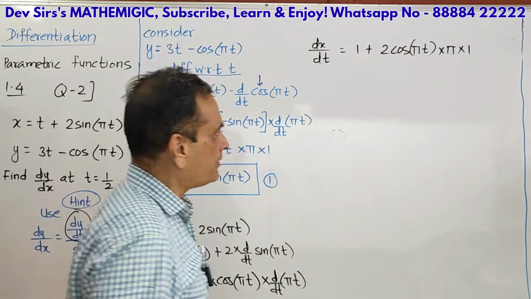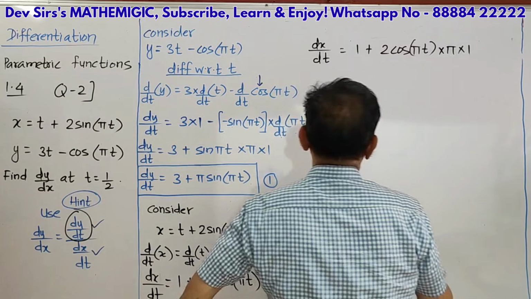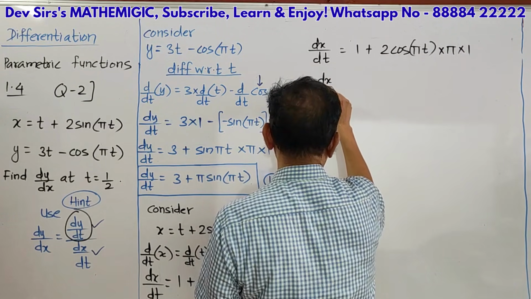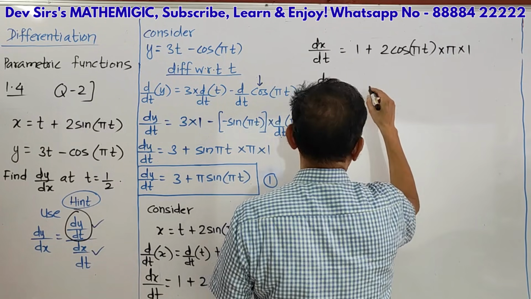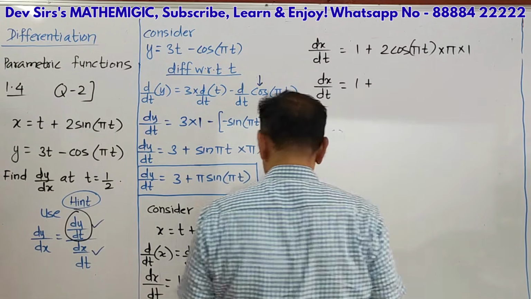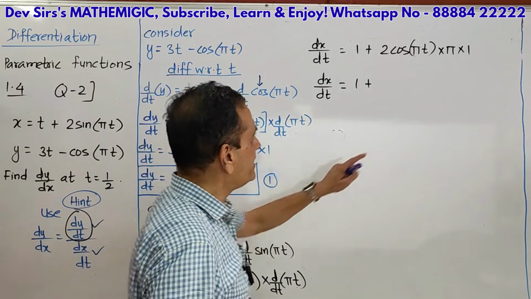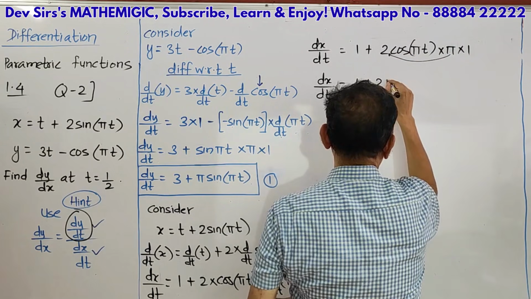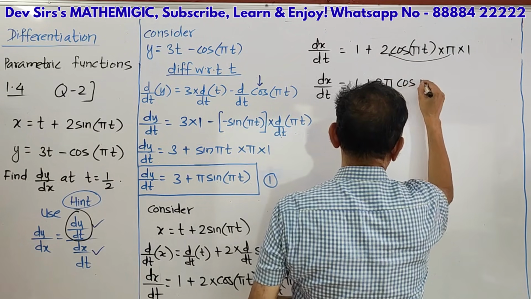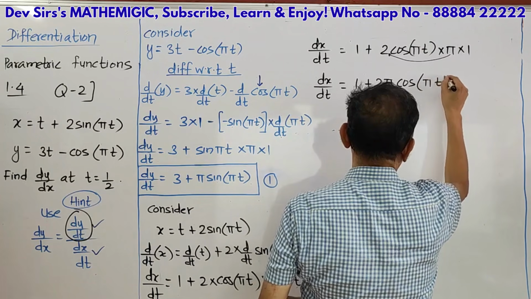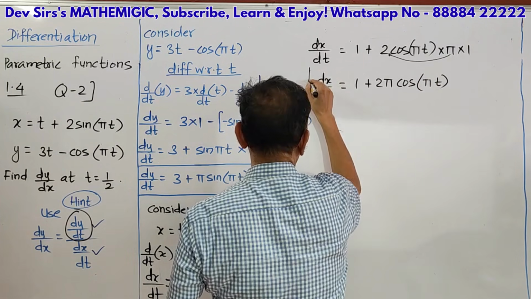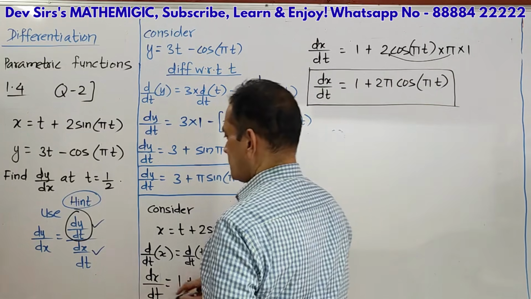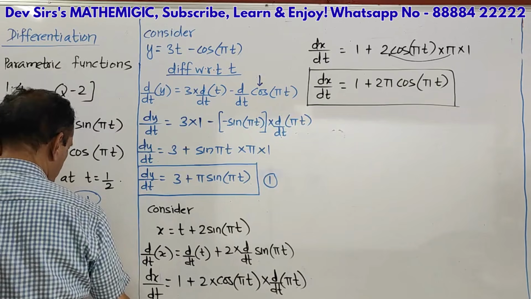Again let us write this properly. अभी क्या करेंगे, like in the earlier case, I'll bring this pi over here in front. So 2 pi cos of pi t, that is our dx by dt. So dx by dt भी हो गया भैया.